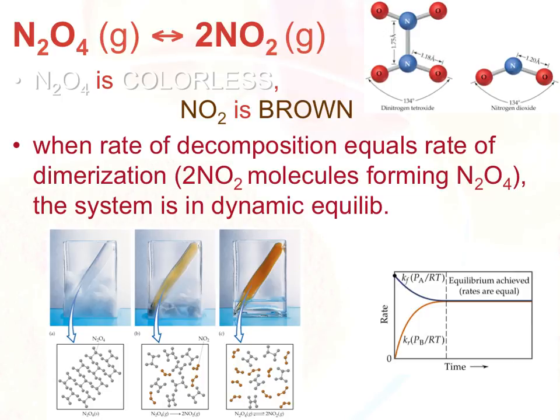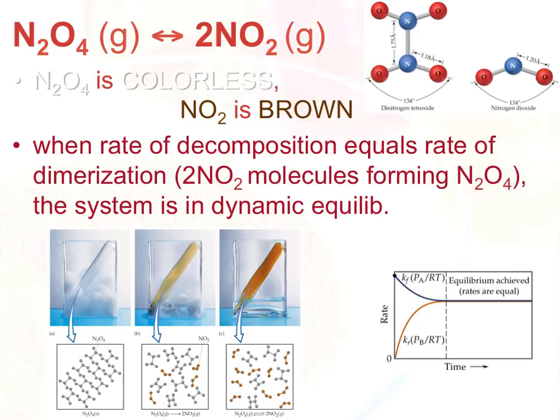Now, to say that the equilibrium state has been reached, what that actually means is that the forward and reverse reactions are still happening. The dimer is being broken down into the brown NO2 gases, and some of the NO2 gases are coming together to form the dimer, which is a colorless gas. However, the relative concentrations of the reactants and the products are going to remain constant at that point.